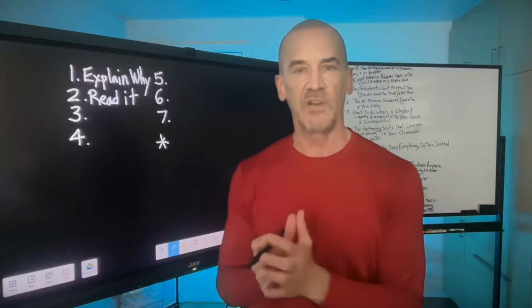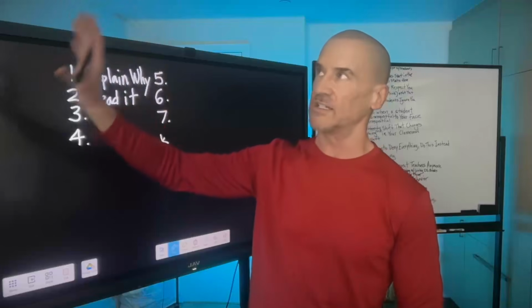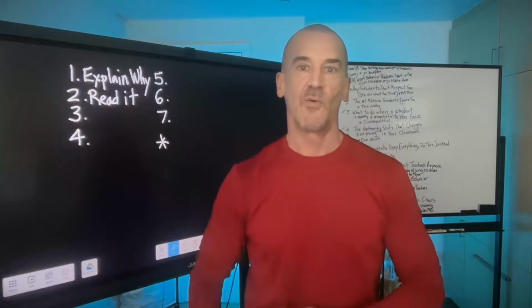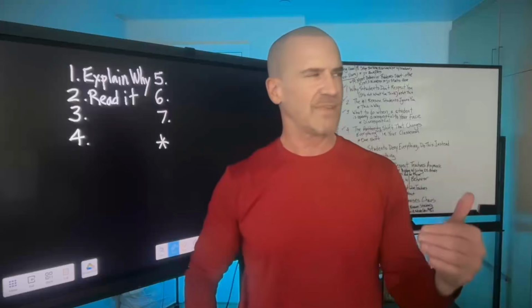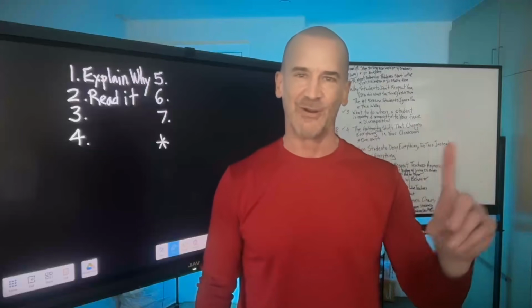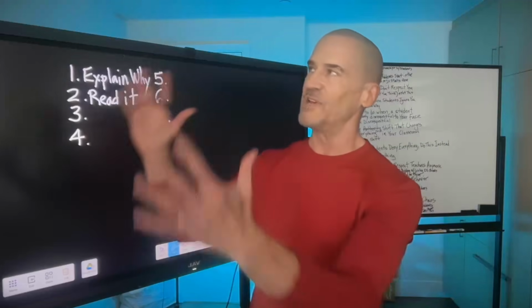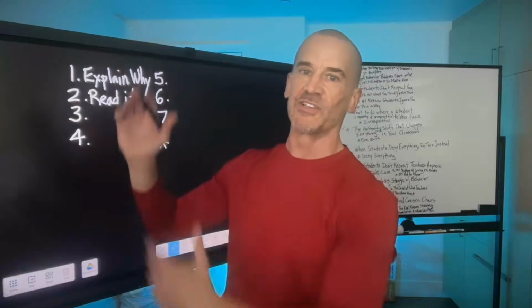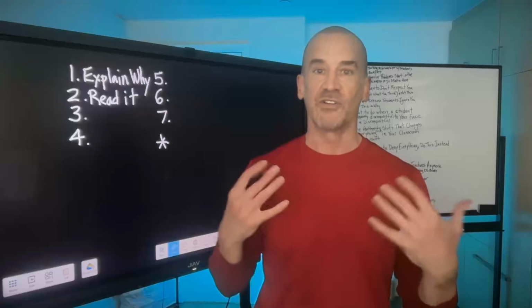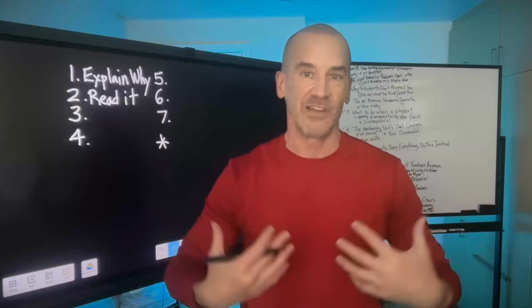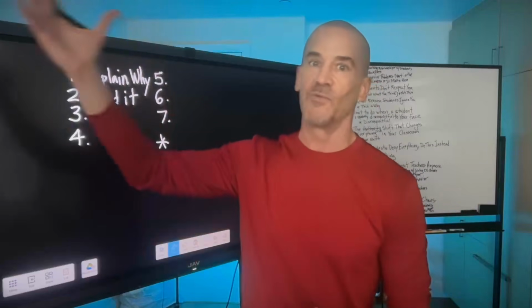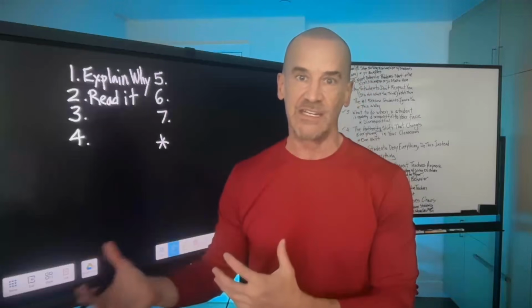I mentioned this in a previous video, but you should have your rules and consequences posted on the wall of your classroom. Actually, I think it was an article I wrote just a couple of weeks ago on the importance of doing this. It should be in large posters at the front of your room so your students can see it from wherever they're sitting and you can refer to it whenever you need to.